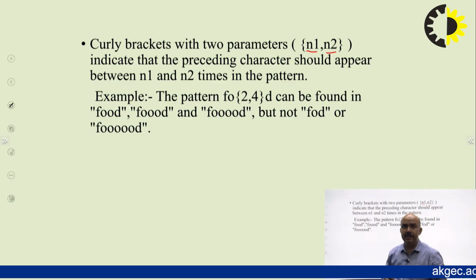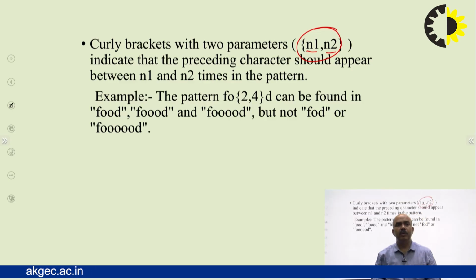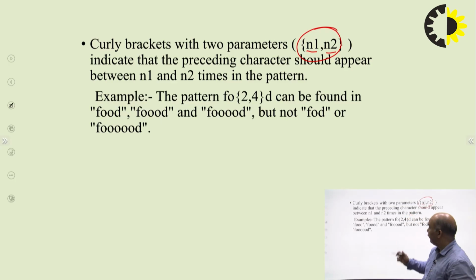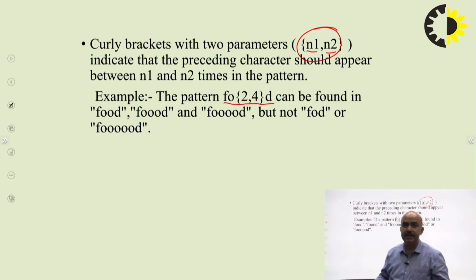Whatever characters we are checking for pattern matching must appear between these two parameters. For example, we have taken the pattern FO with curly braces 2, 4. What does it mean? It means this O must appear at least 2 times and at most 4 times, so anything in between is acceptable.